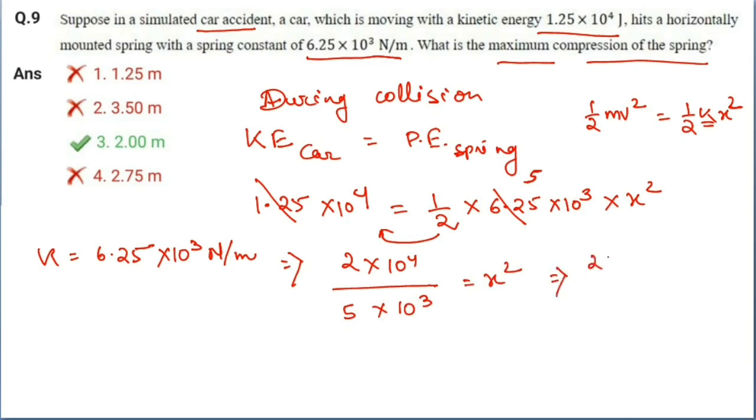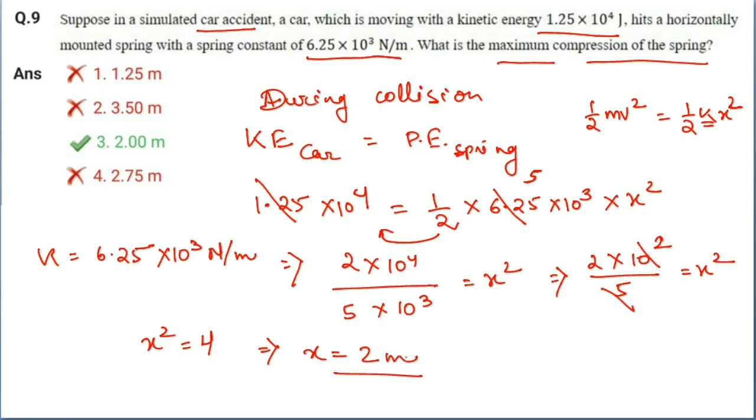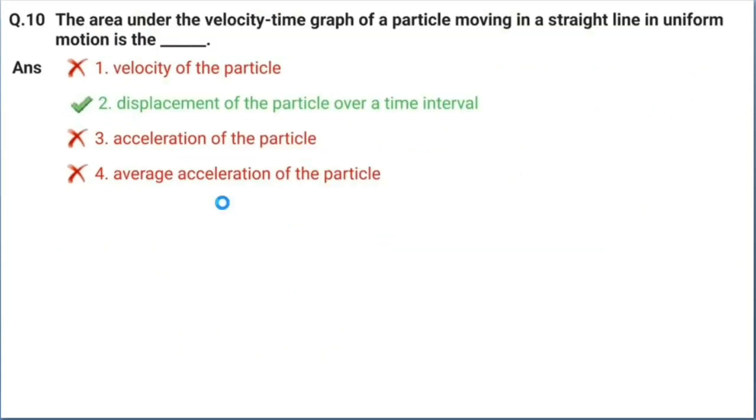So here what is left? We're left with 2 into 10 by 5, that is 5 into 2, it is equal to x square. That means x square is equal to 4. That implies x is equal to 2. So the maximum compression of the spring is 2 meter, and our answer is option number 3, 2 meter.